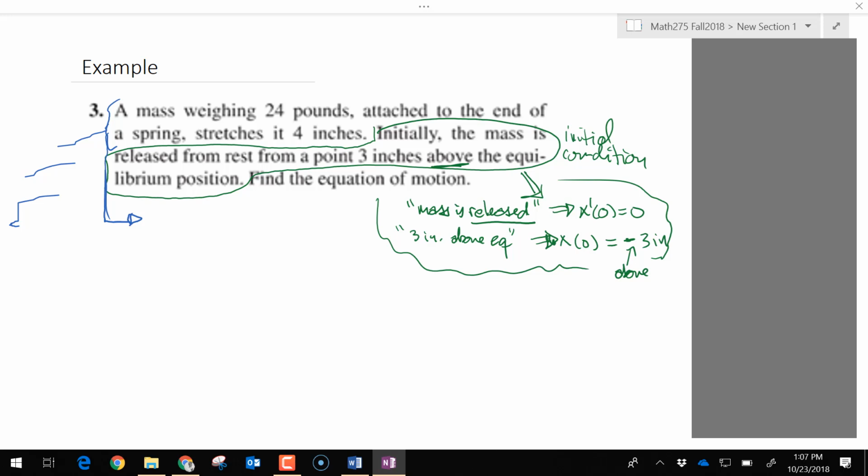We could do that now, or we could do that later. But let's think about this in feet and pounds, because the force is going to be... Is that force foot-pounds?